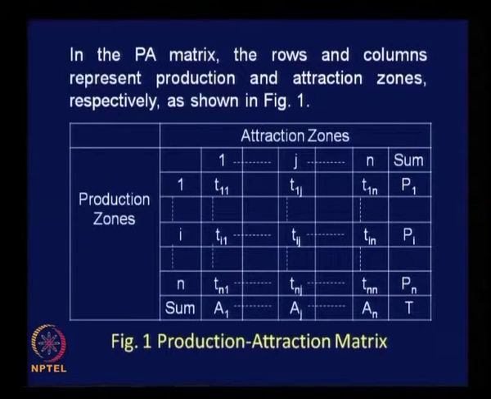Production zones along rows and attraction zones along columns. I have just indicated the number of zones as 1, 2, etc. up to n, both along the row as well as along the column. And the cell values in the matrix give a particular information to us.